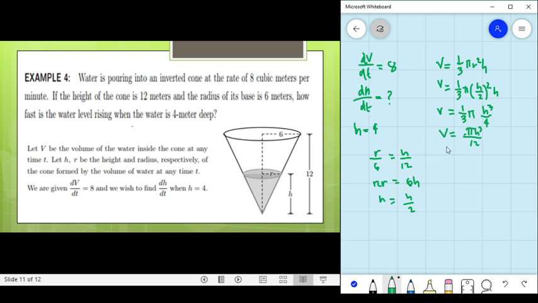So, finding the derivative of this equation, we have dV over dt, since the derivative of V is 1.